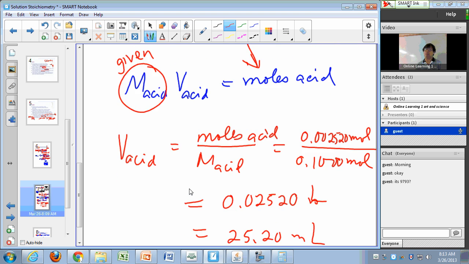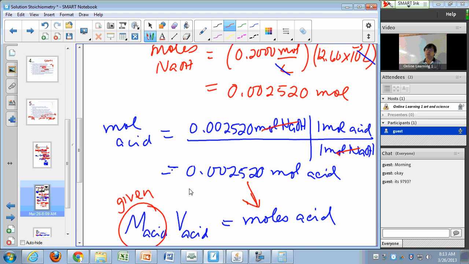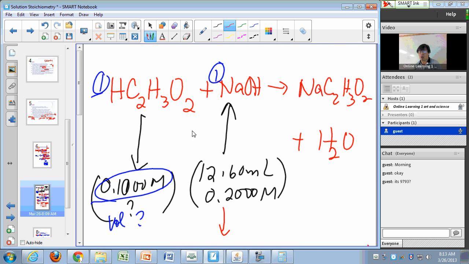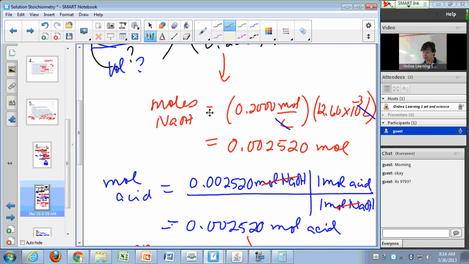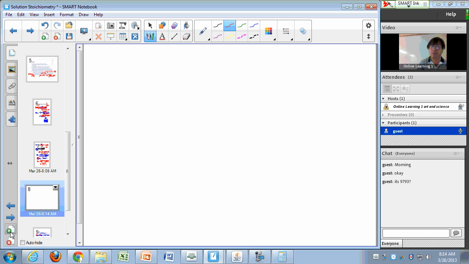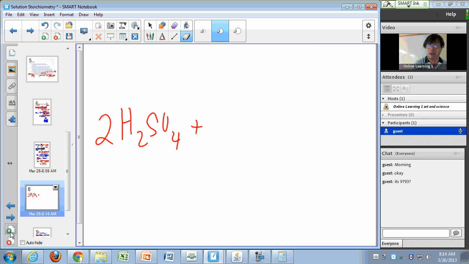Now, keep in mind that when doing these problems, you really need to know what the balance equation is for the reaction, and you need to know what the mole-to-mole ratio is. So far, we've been doing just cases where the mole-to-mole ratio is 1:1. But in some instances, for example, if you have something like sulfuric acid plus sodium hydroxide, okay, in one of the experiments I posted for the lab, you'll have a 2:1 ratio.